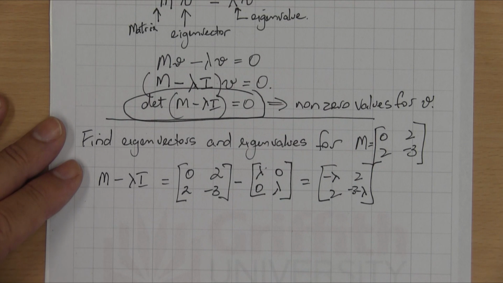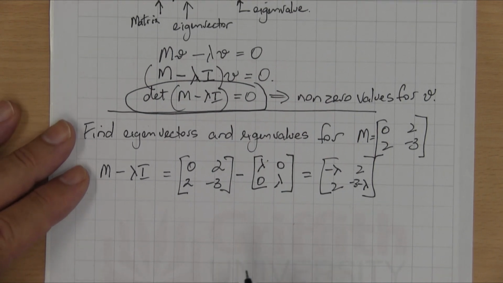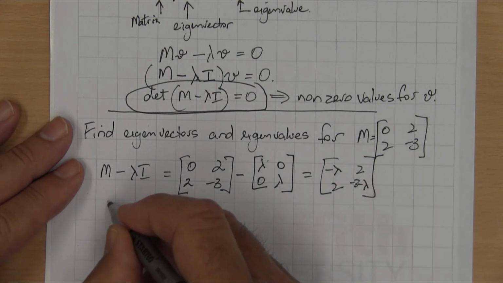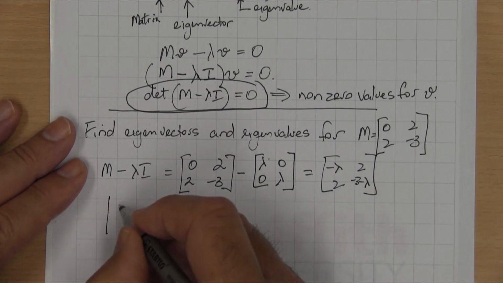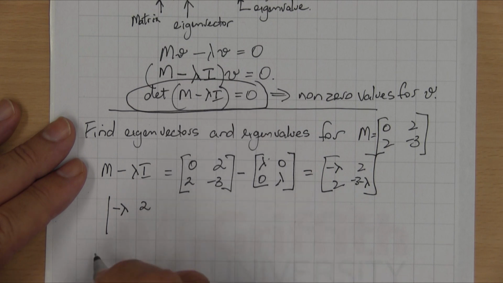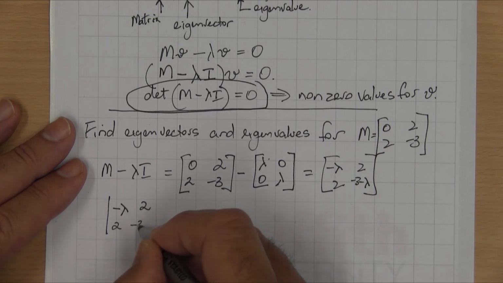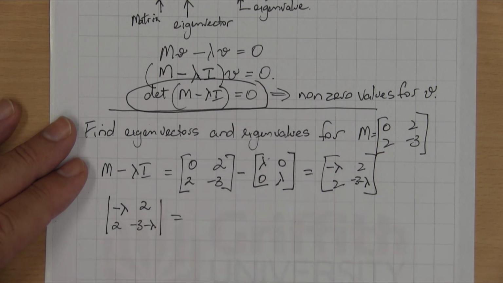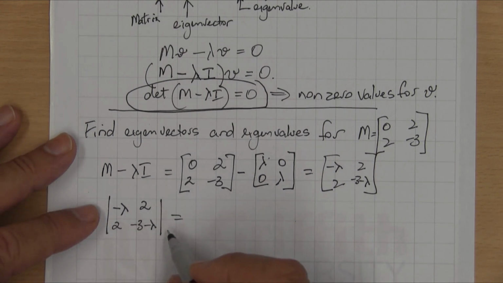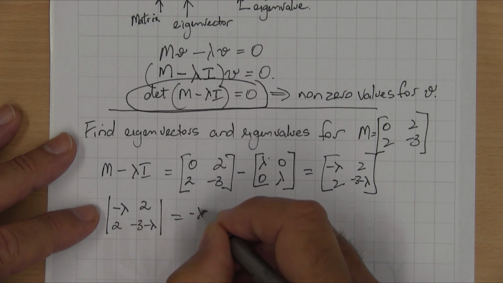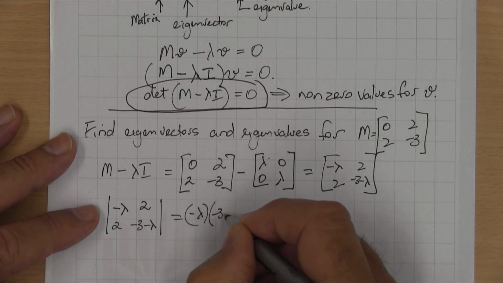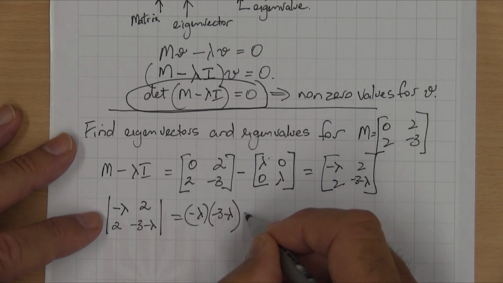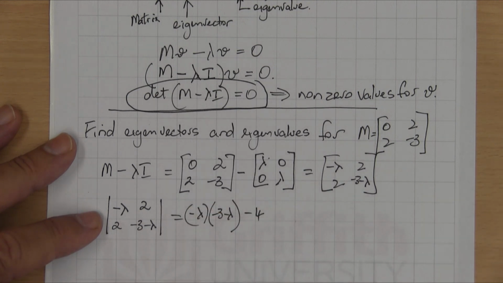Now we've got to find the determinant of that and make it equal to 0. So the determinant of this will be equal to the determinant of negative lambda, 2, 2, negative 3 minus lambda. To work out the determinant, we multiply along that diagonal, so it's negative lambda times negative 3 minus lambda, minus 4, 2 times 2.